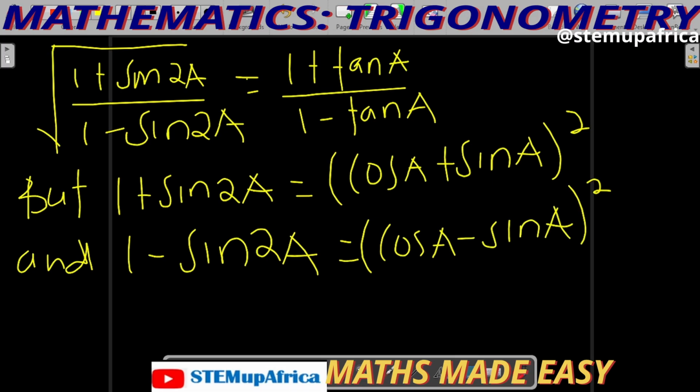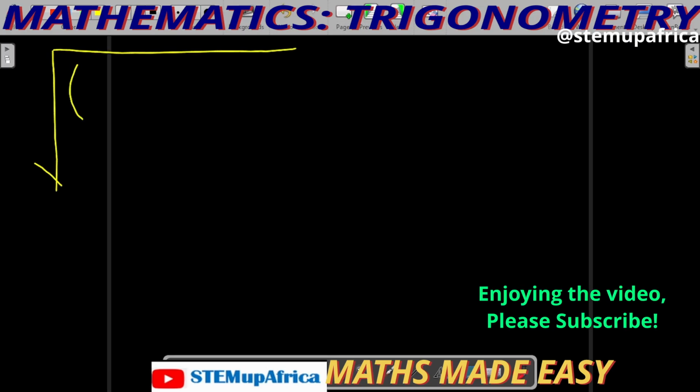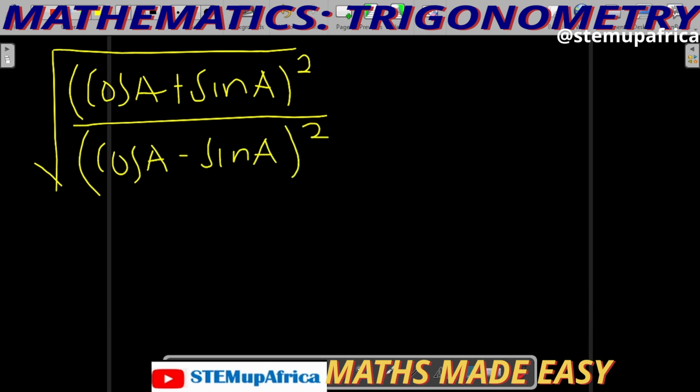So let's substitute them in their respective places. We're going to have the square root of cos A plus sine A all squared over cos A minus sine A all squared.